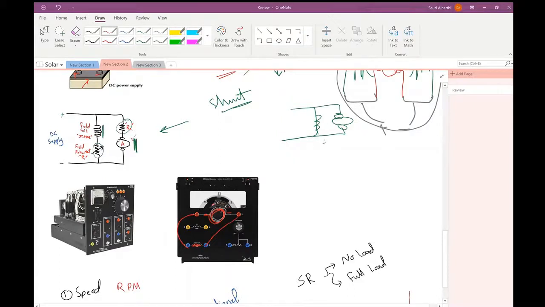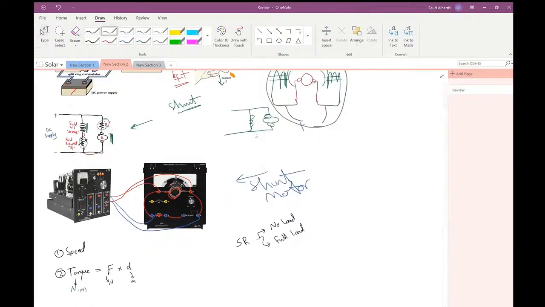But in the lab manual, they are including the field rheostat. So instead of going here, just go here, from the coil to the resistor, and from the resistor to the armature. And that's it. Then you bring your DC supply to the armature. Now we have a shunt motor.